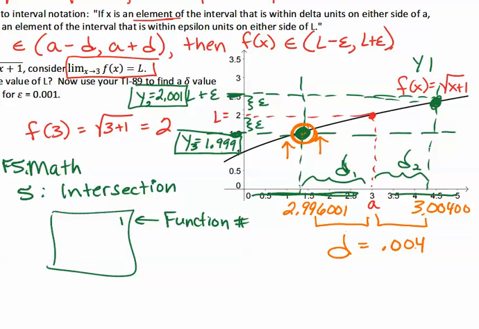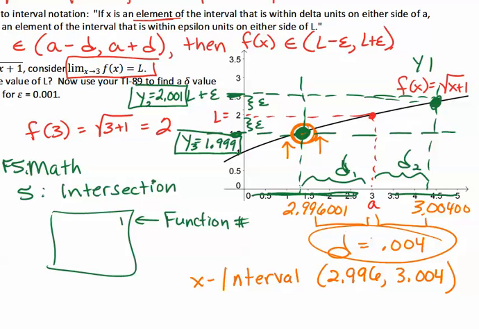Our question might not ask for a delta value. If the question simply asked for the x interval that we should stay between, then we would want to say that we want to be between 2.996 to 3.004. So it depends on the wording of the question.